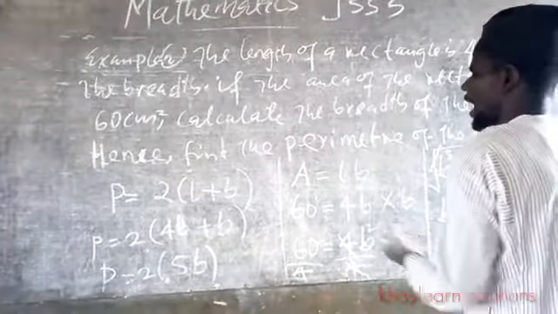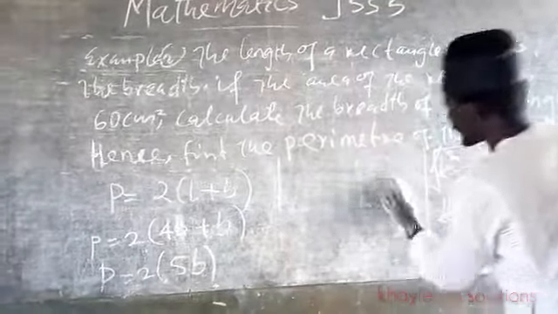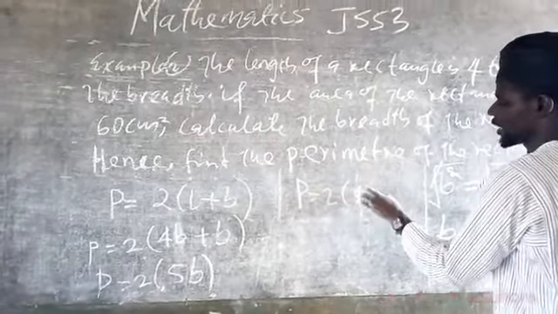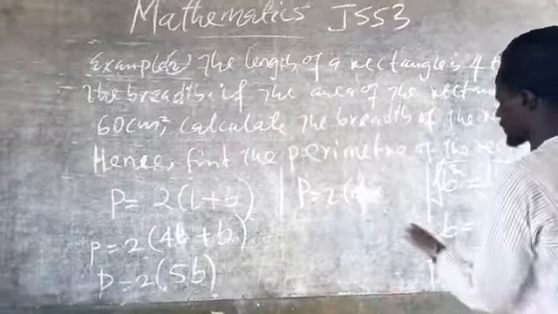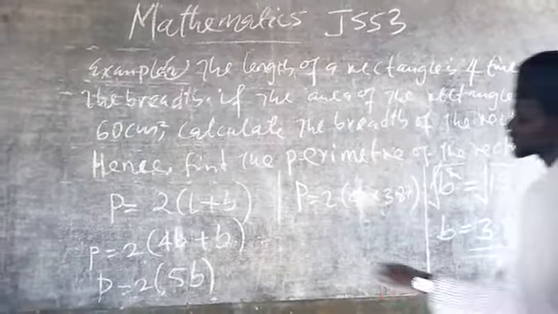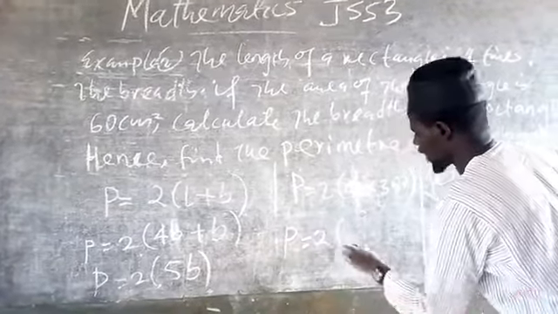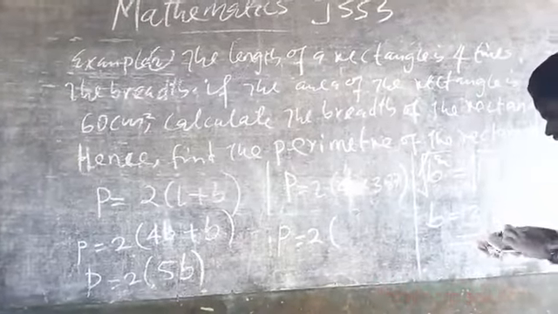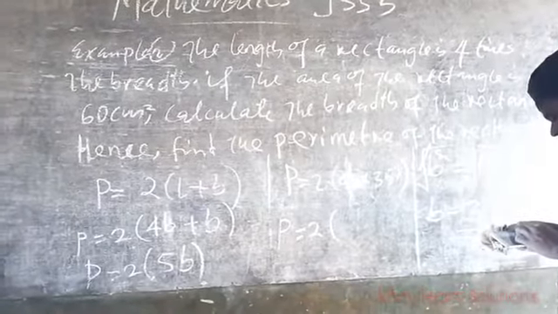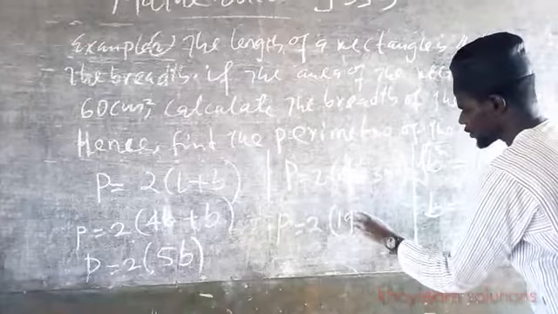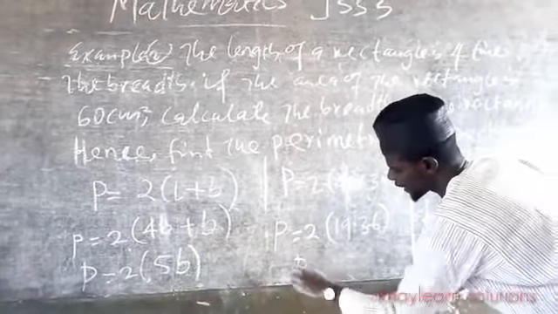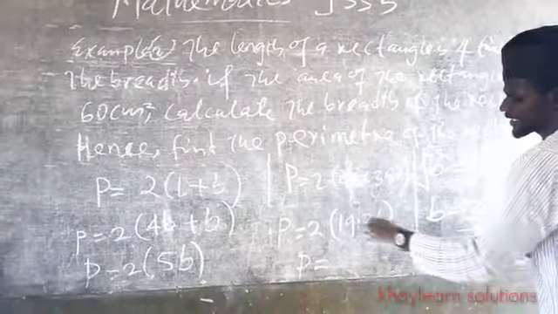What we are going to have here is P equals 2 brackets 5 times my B, which is 3.87, close bracket. So P equals 2 brackets 3.87 times 5 equals 19.36. Now my P finally equals 19.36 times 2.